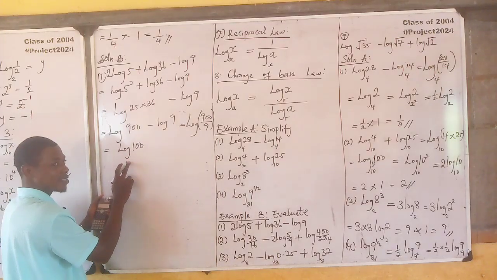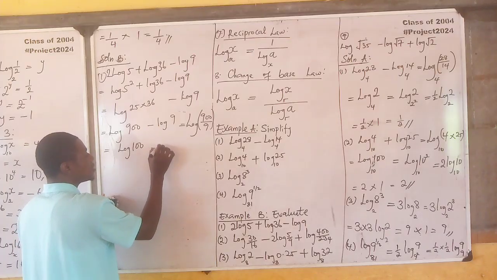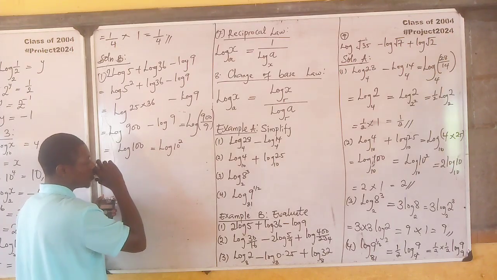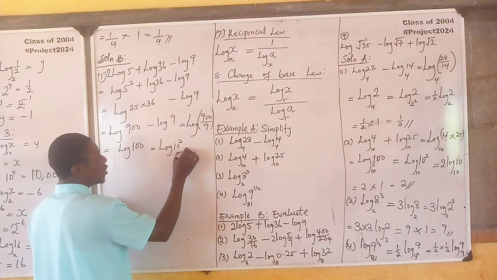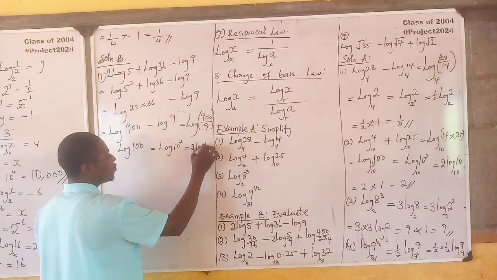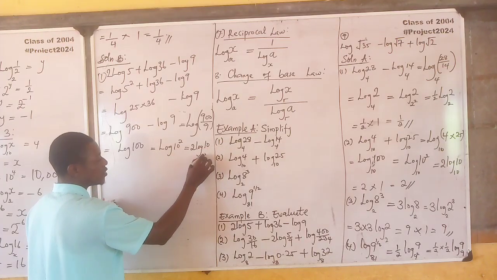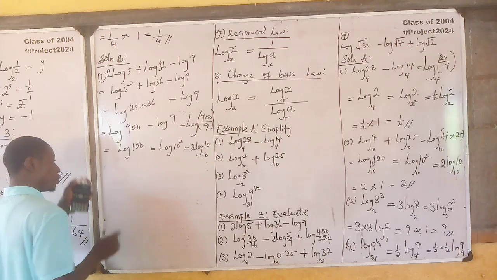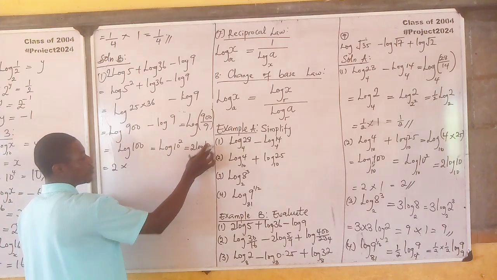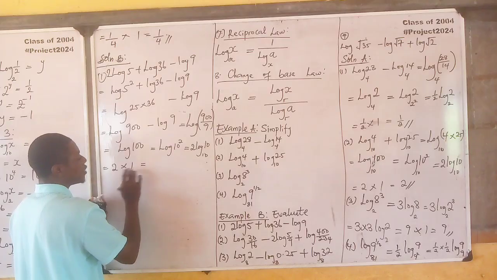Remember, this is in base 10, like I said before. So this is the same thing as log of 10 raised to the power 2, which gives you 100. You can take the power 2 in front of log of 10. Remember, initially this is base 10. So it's going to be 2 times log of a number to the same base, which is 1. 2 times 1 is 2.